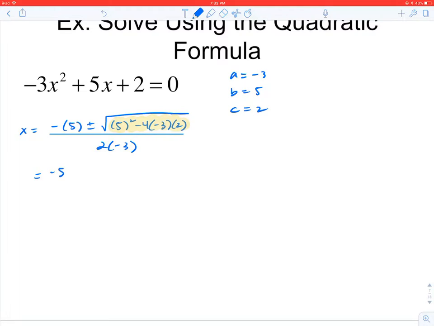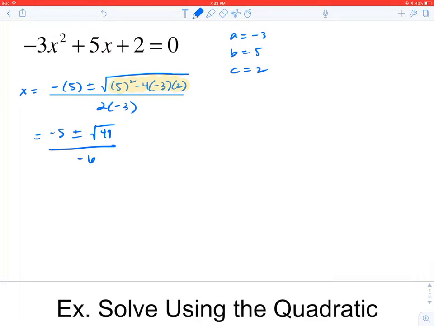So again, simplifying what's under the radical, we'll have -5 plus or minus the square root of 49. That's nice. Over -6.